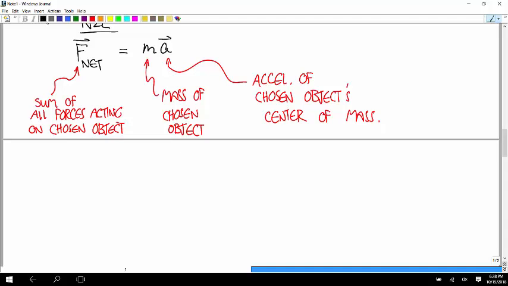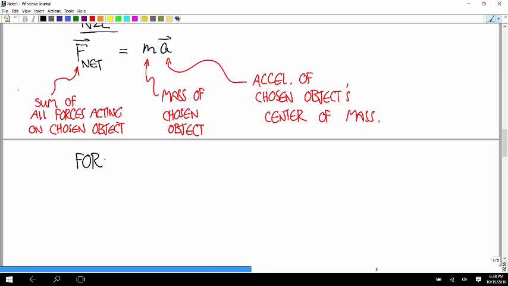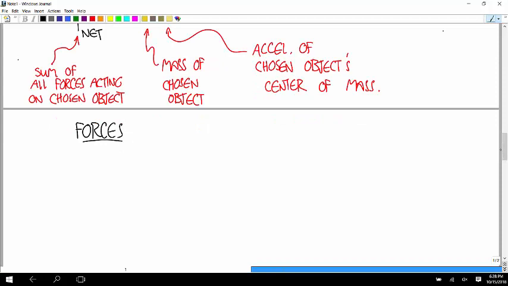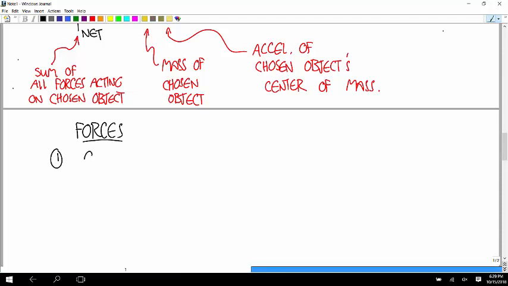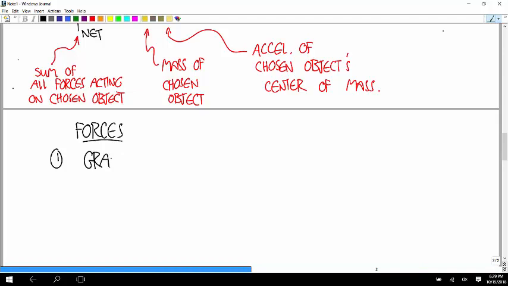And we started to talk about forces. I did say that forces in this class are going to be broken up. Well, I think maybe you could say just generally, it doesn't have to do with this class or other classes, forces can be broken up into two categories. The first one is the weight force, the force applied by gravity.